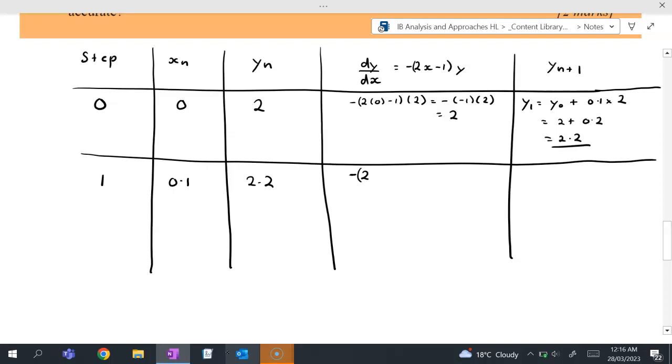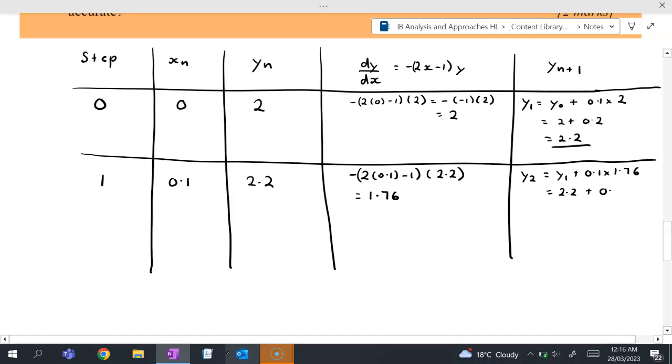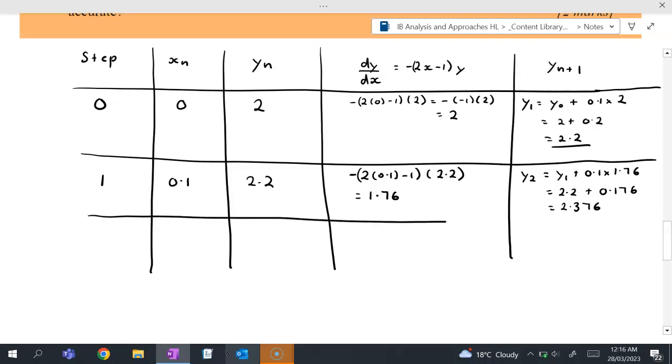So minus 2 times 0.1, take 1 times 2.2, and I'm going to start relying on my notes here. It's 1.76, so y2 is equal to y1 plus the step value times the derivative. y1 is 2.2 plus 0.176, and so that is 2.376. Okay, that's after the first step.